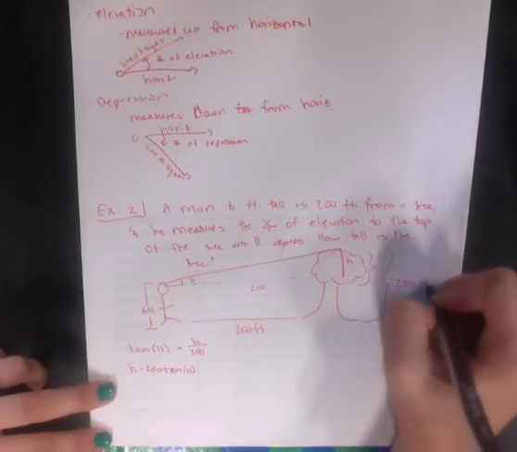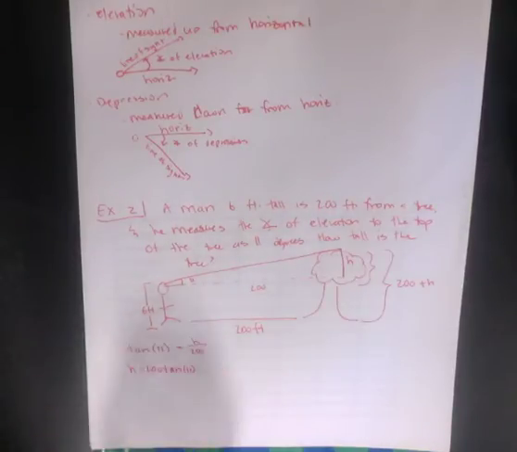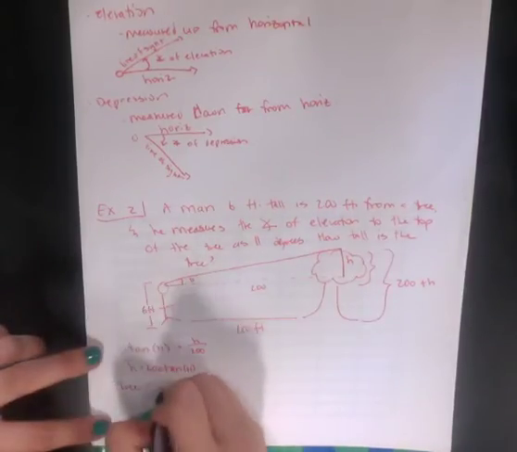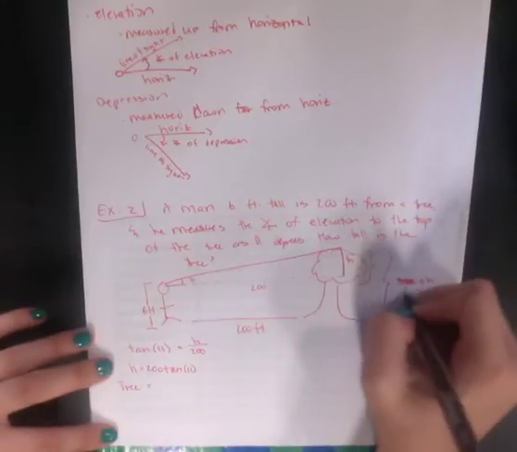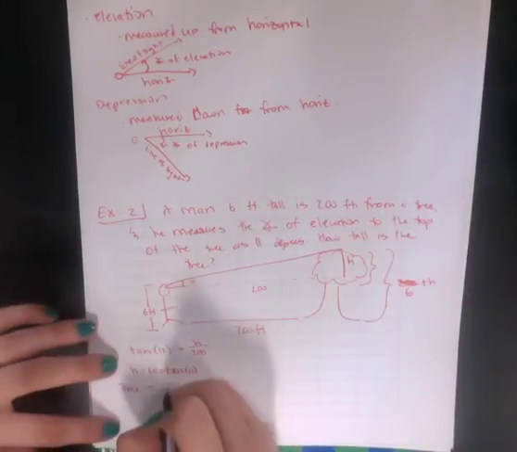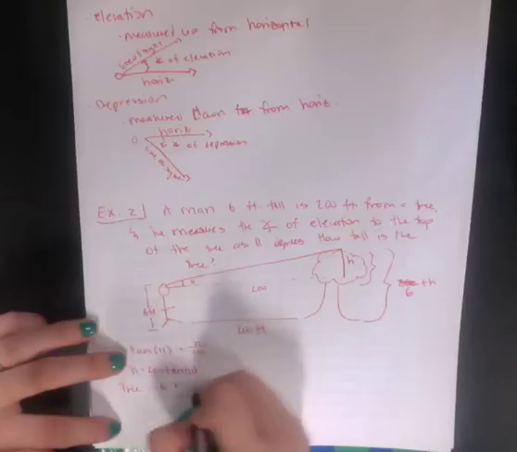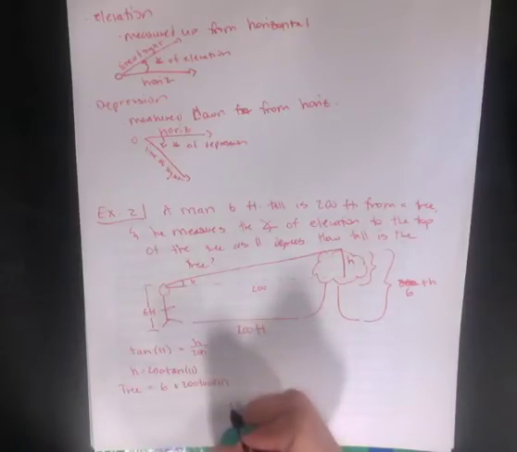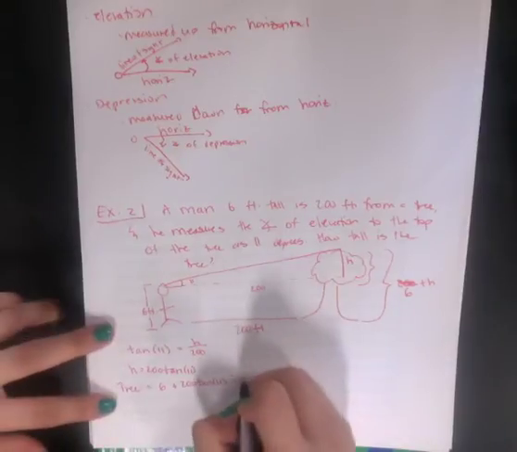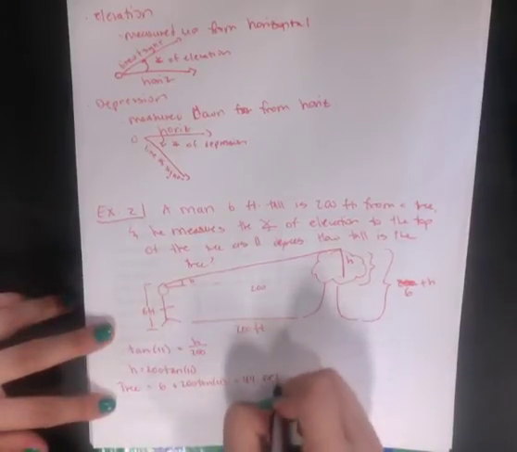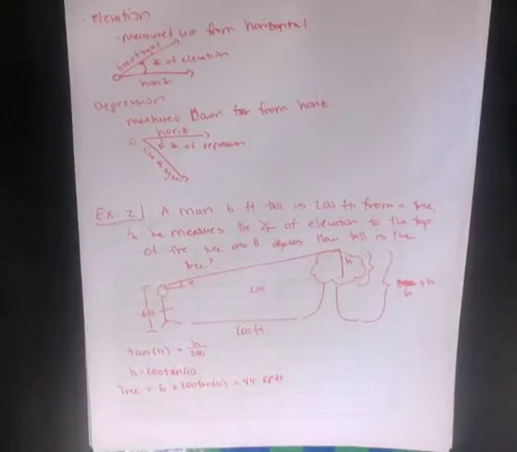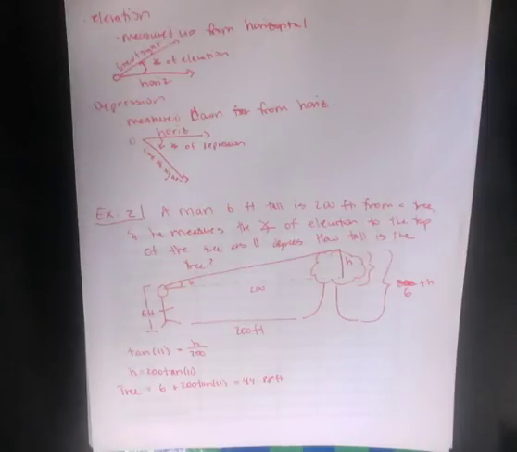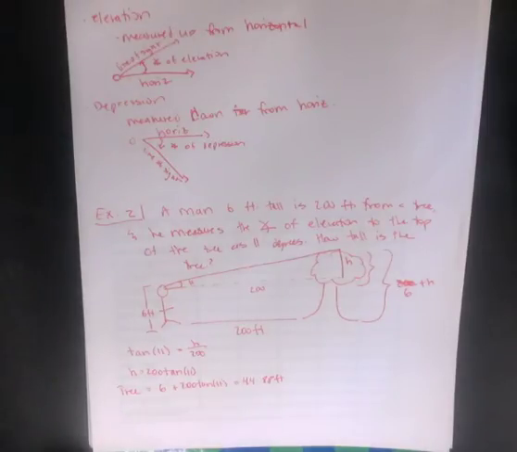My whole tree height is going to be 6 plus h, I'm sorry, not 200, getting ahead of myself. My tree is 6 feet plus 200 tangent 11, which gives me about 44.88 feet. Okay? Yes?